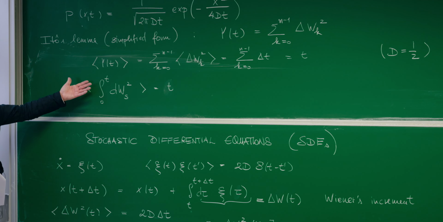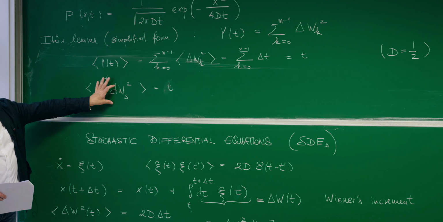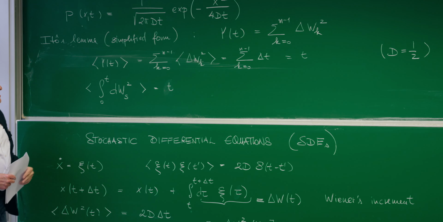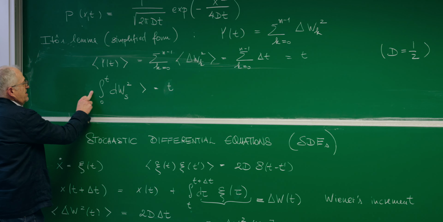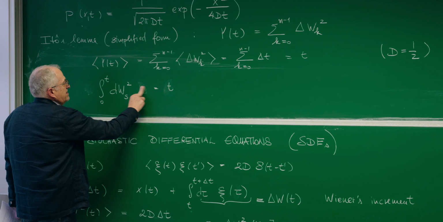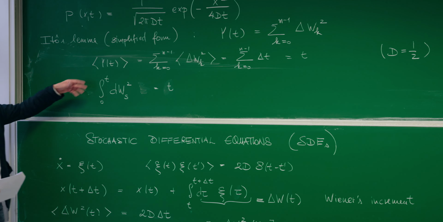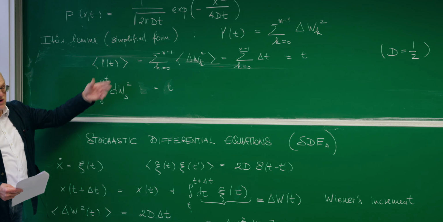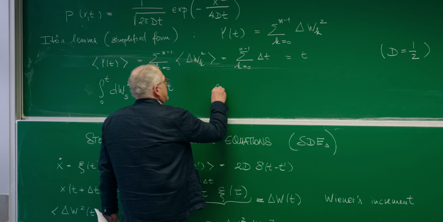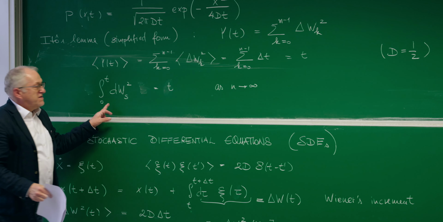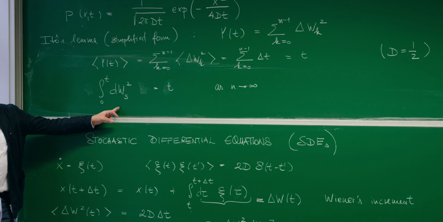So that's the average of an integral object with a differential that's the variance of this Wiener increment. What I'm telling you now is that you can actually take away the brackets. If you consider this in this limit of n going to infinity, then this is an exact value.